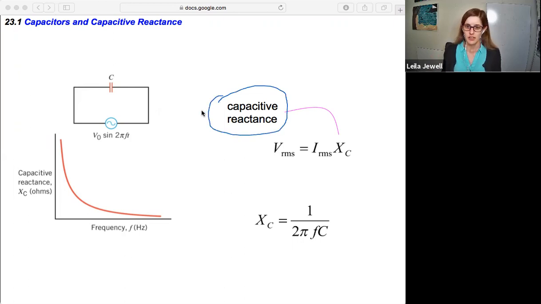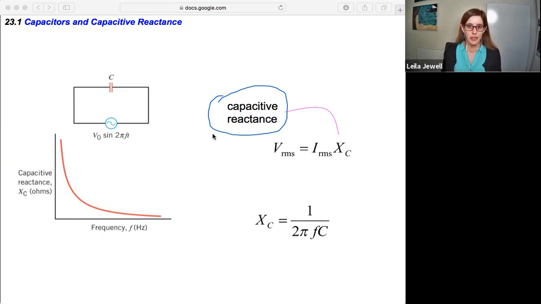So it's the capacitor's version of resistance. And sure enough, it follows Ohm's law in a similar fashion, right? Where the voltage is equal to the current times the capacitive reactance, X sub C instead of the R. So the reactance is X, and then C is the subscript for capacitive, because we're talking about a capacitor.